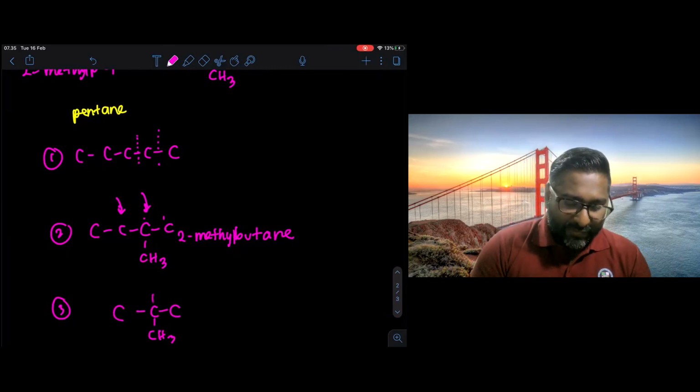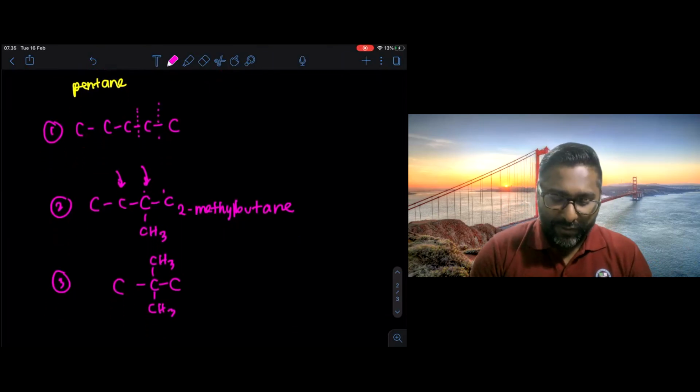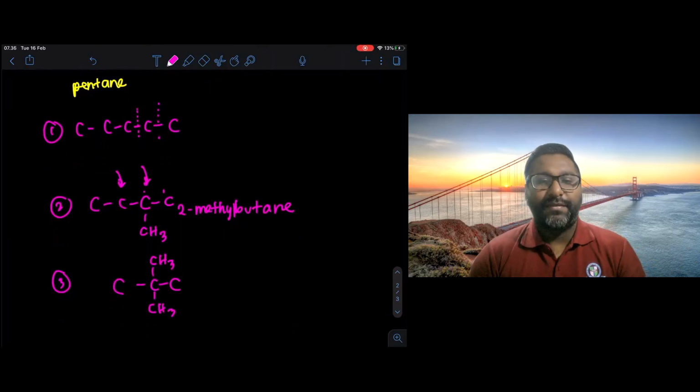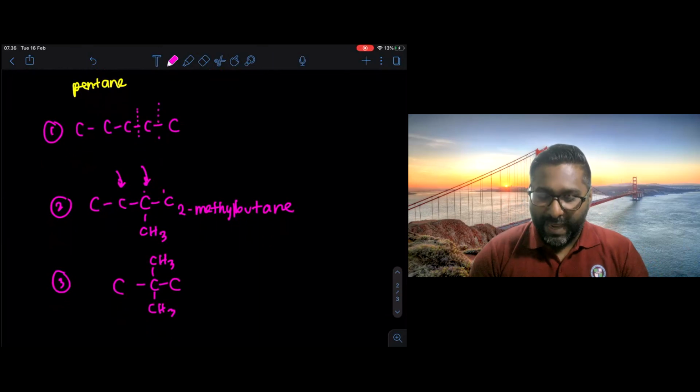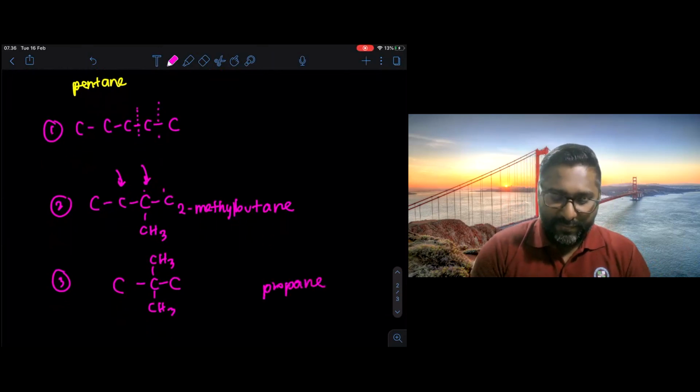So I put another CH3 over here. And if I look, can I break some more? No, there is no more space to put the CH3 anymore, because all 4 bonds of that middle carbon have been used up. So when we give the name, this is propane, and this is position number 2. So it's 2,2-dimethyl propane.